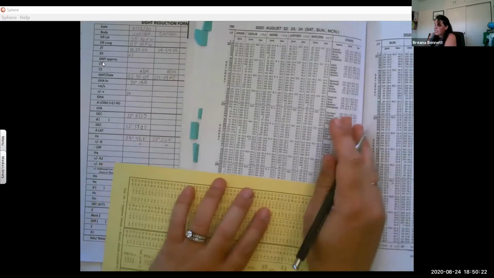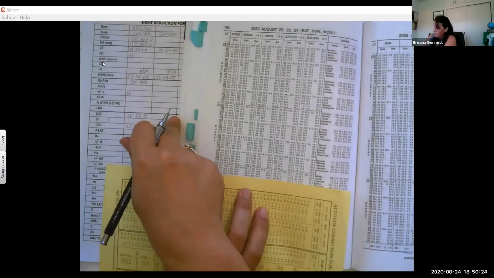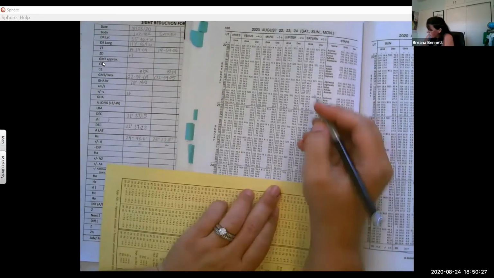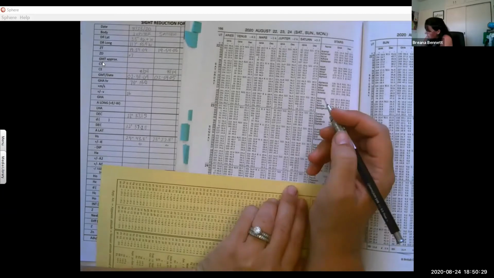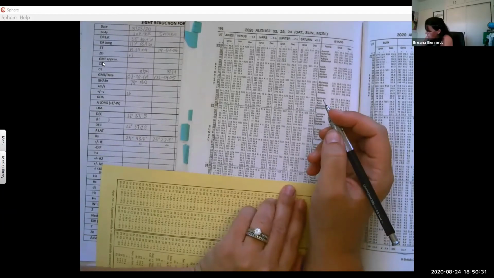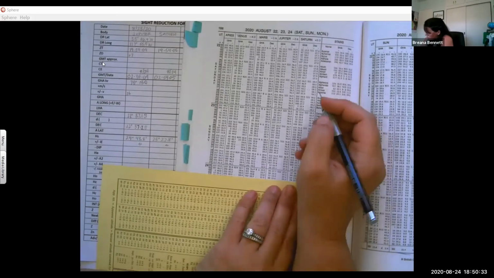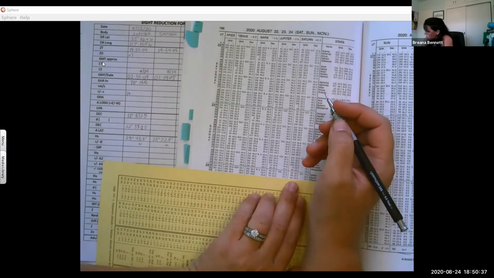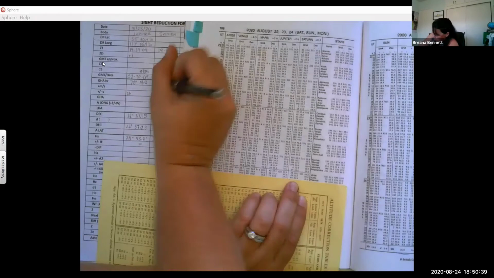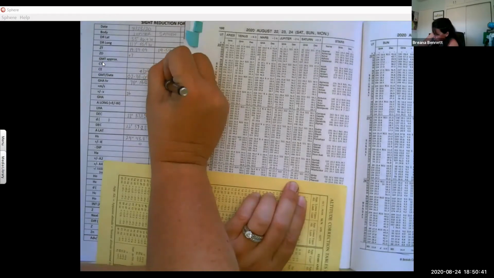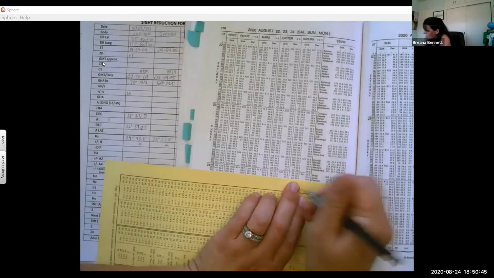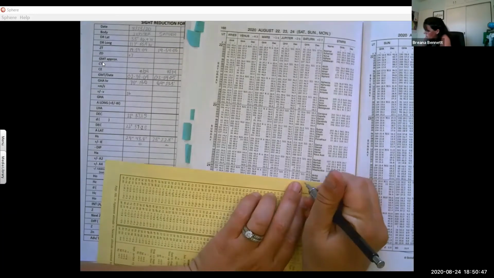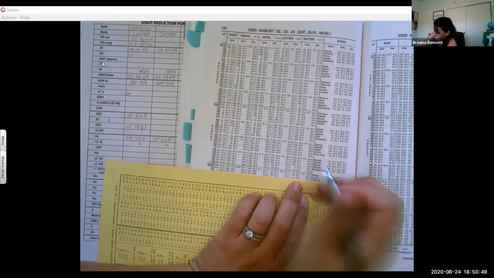Before I go to minutes and seconds, I'm going to write my Saturn one. For Saturn, I had a GHA of 6423.3. And then I had a declination of 2109.1.